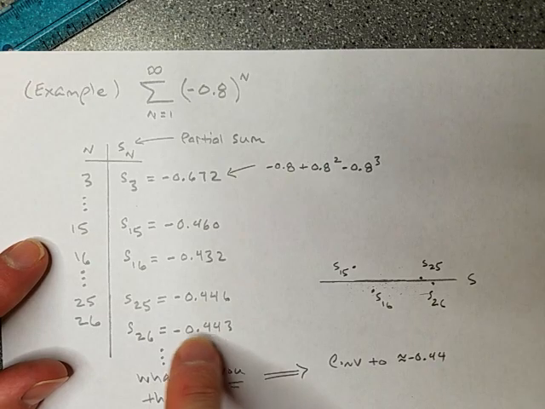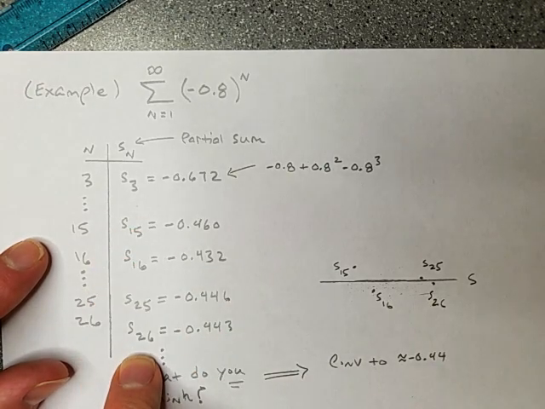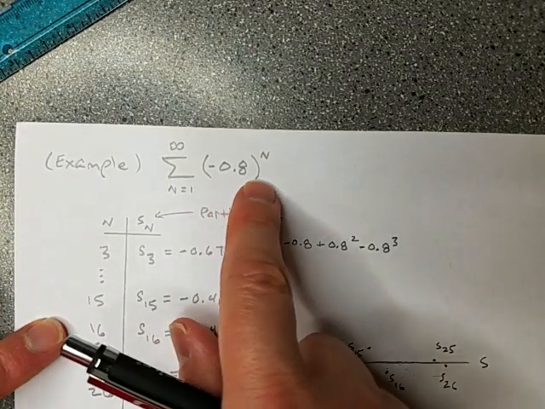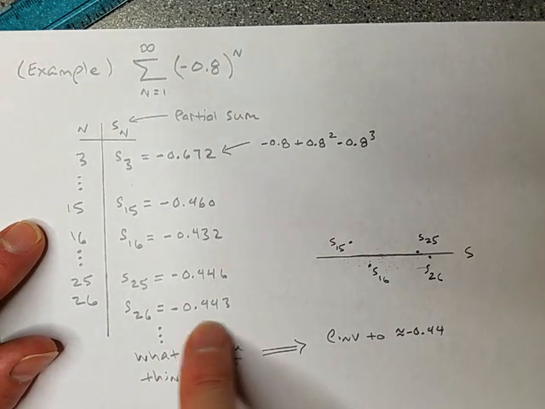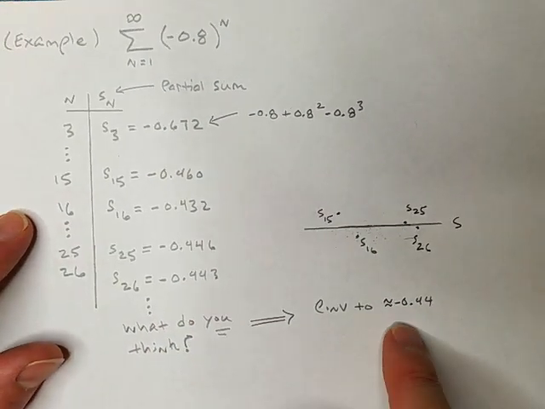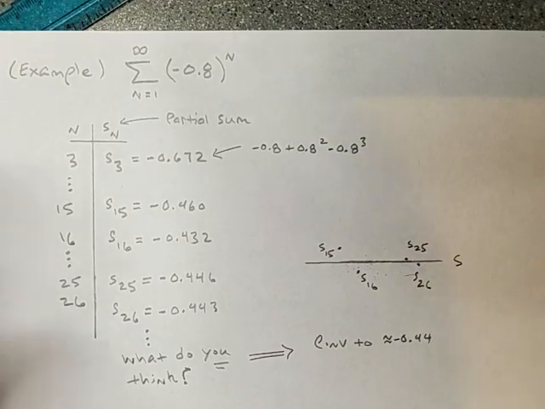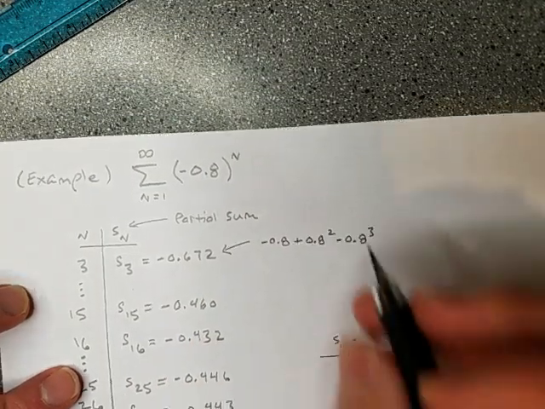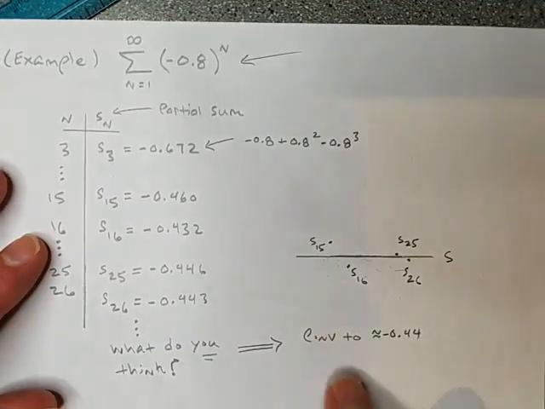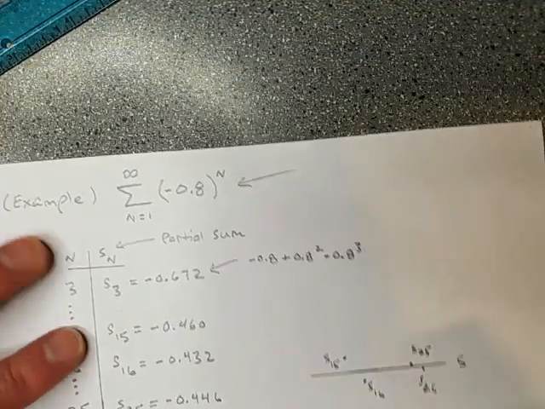I'm just saying the more of them you add up, according to the numbers you get in the series, the closer your grand total gets to about negative 0.44. Now, let's see. What really does it converge to? This is just kind of an about answer from what I'm seeing.